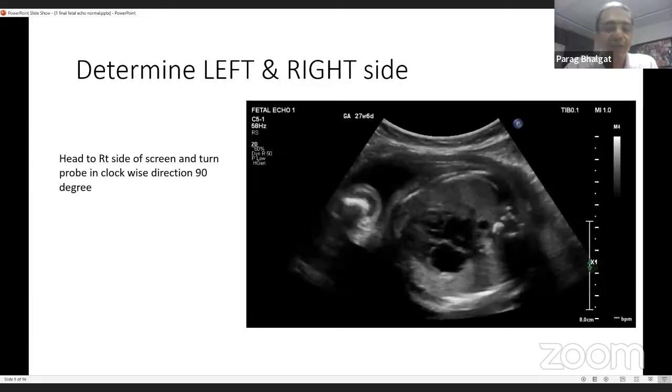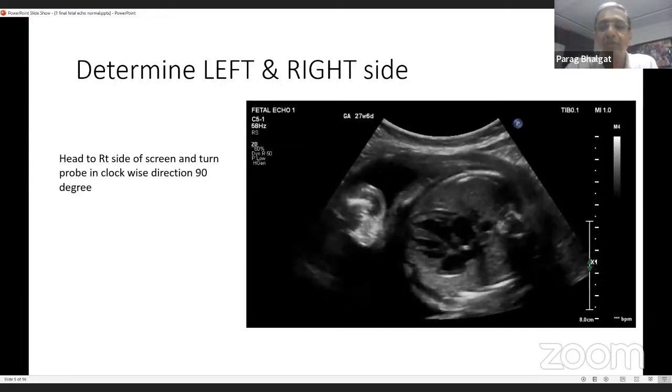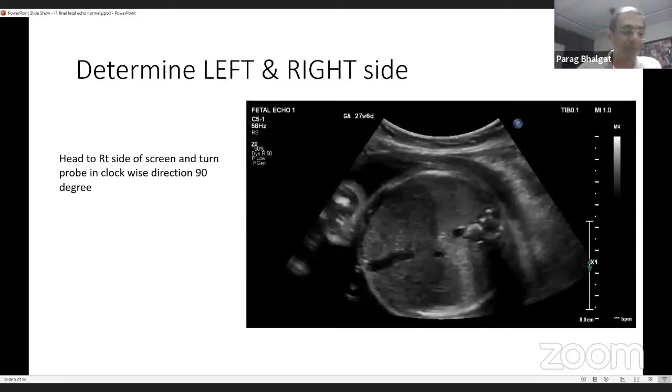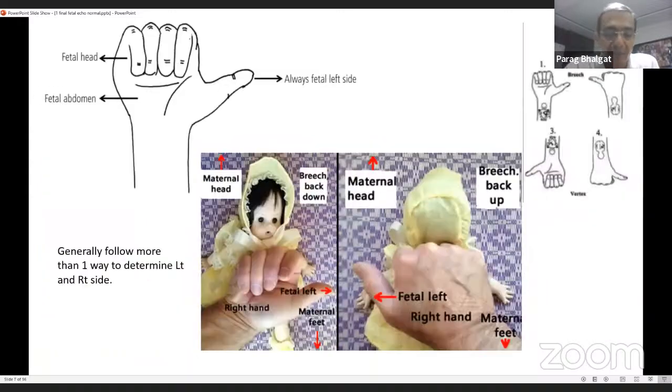It's helpful to keep these images printed or posted somewhere in our echo room, so whenever in doubt we can refer to them. The other is a rule of thumb: if the fingers of the right hand are in the position of the head, the thumb points towards the left side of the body. So there can be four possibilities, in breech presentation, cephalic presentation, or even a transverse lie. We can definitely decide which is the left side of the body.